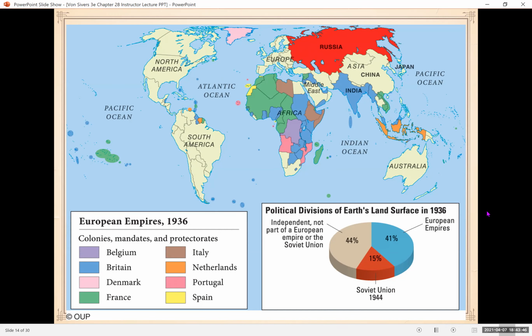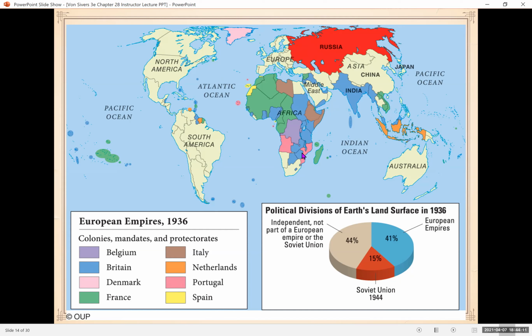So after World War One, the British are still going to try to keep their colonies, try to hold on to them throughout, of course, India. They will have many colonies in the Middle East.